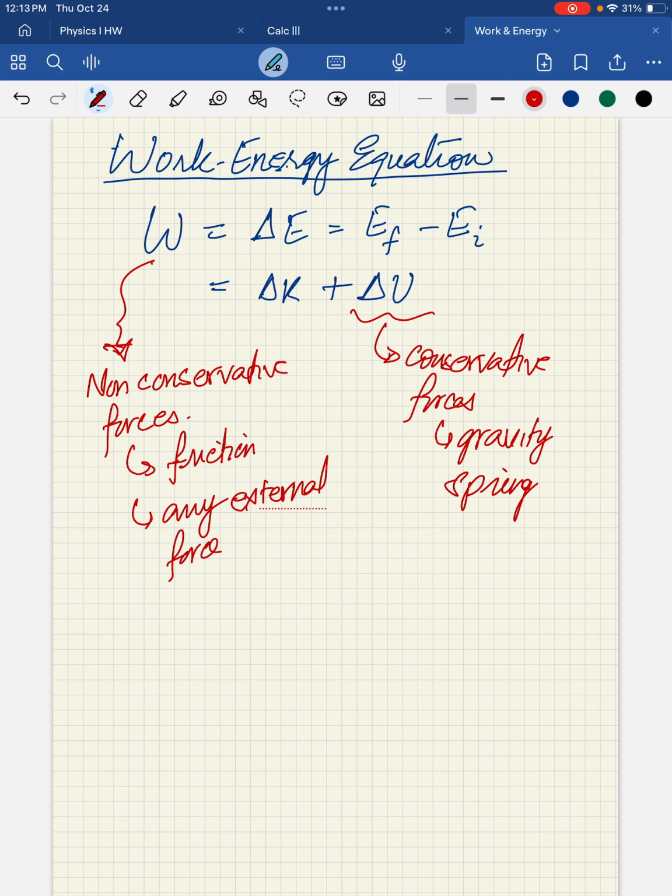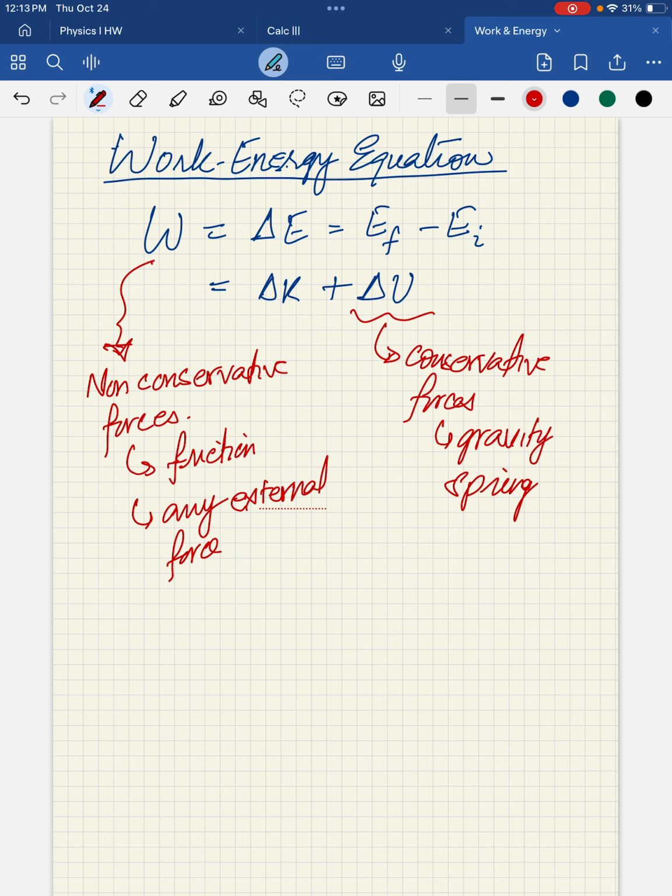Delta K is the resulting change in kinetic energy of the system, right? Now, the important thing to note here is that you are free to take a conservative force and use that on the left hand side.